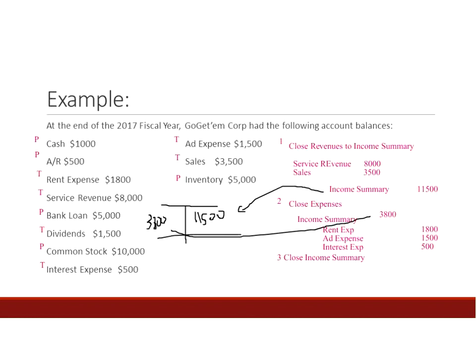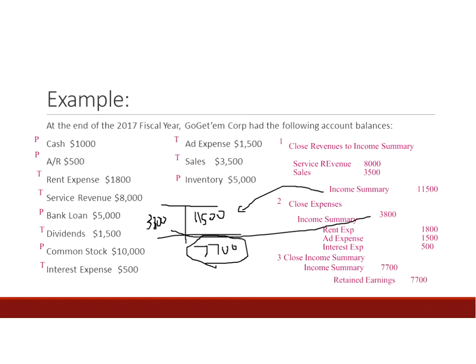And so all in all, we have $7,700 in a credit position. So in order for us to bring it to zero, we'll need to debit income summary for $7,700, and credit retained earnings for $7,700.